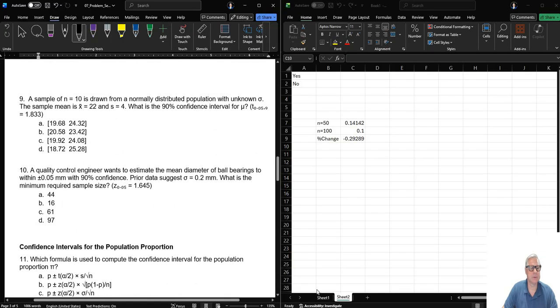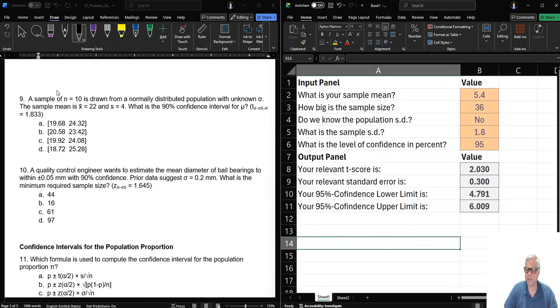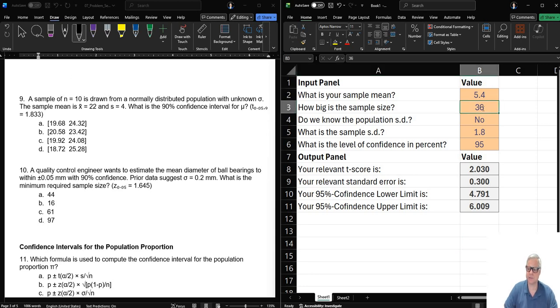So, question 9. A sample of n equals 10 is drawn from a normally distributed population with unknown sigma. Okay, it looks like we can use again here our template. How big is the sample size? Now we enter here 10.